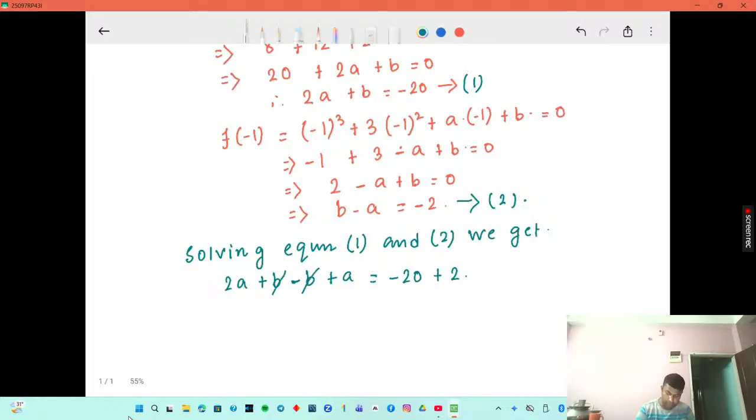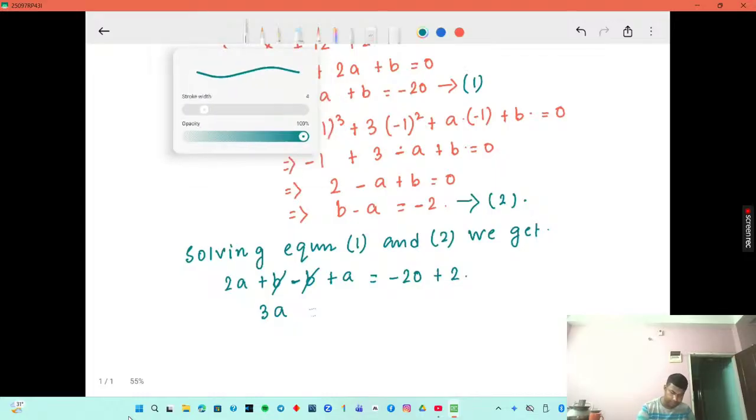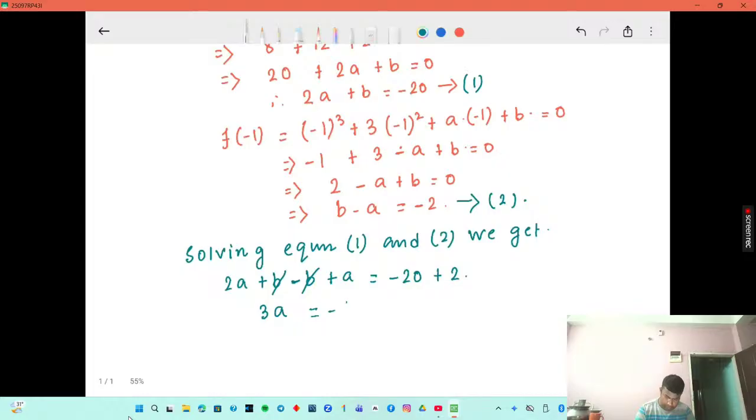So b cancels out, and here it will be 3a is equal to minus 18. Therefore a is equal to minus 6.